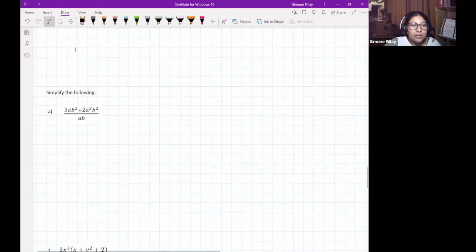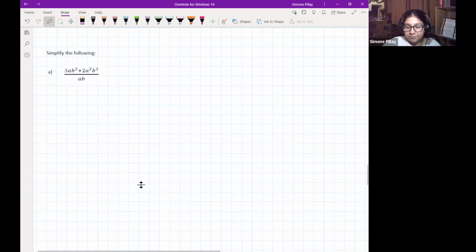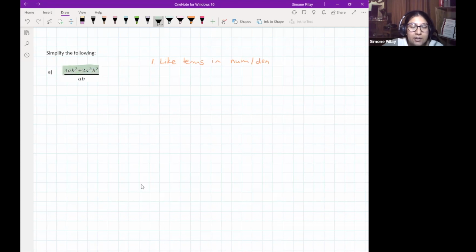Now, what I want you guys to see is when we have a question like this that's a fraction, the first thing that we're going to do is see, are there like terms that I can add, in either my numerator or my denominator? If I look just at my numerator, are there any like terms in my numerator? Can you guys let me know?